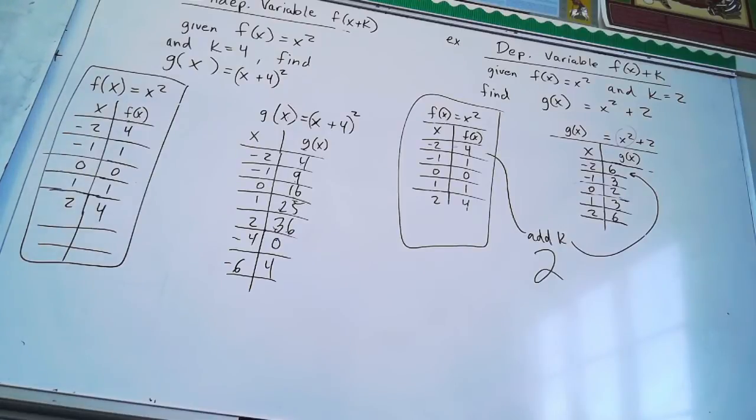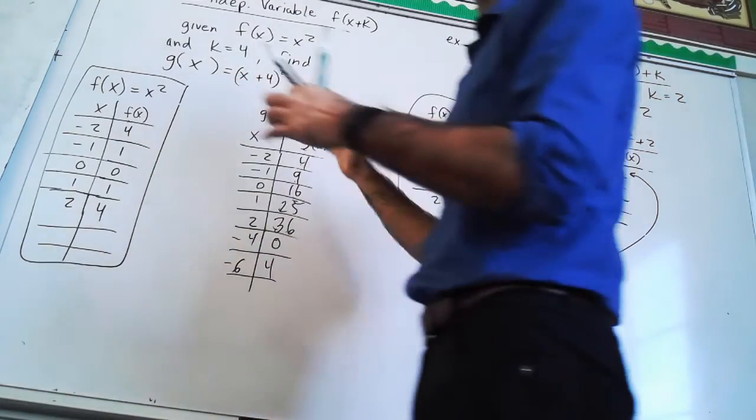All we've done is we took this root function, right? We added a value in with the independent variable, and we added one with the dependent variable here. So let's look to see, what do you think this is going to do? If I just had this, if it was just x plus 4 squared, then I'd be dealing with the independent variable problem I just did.